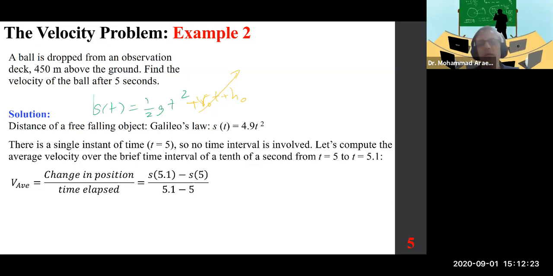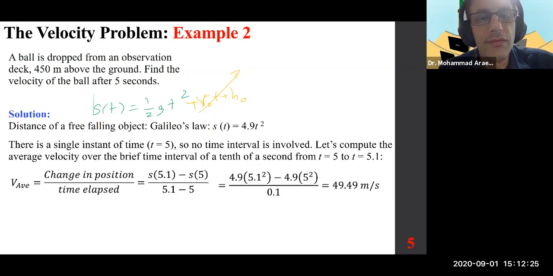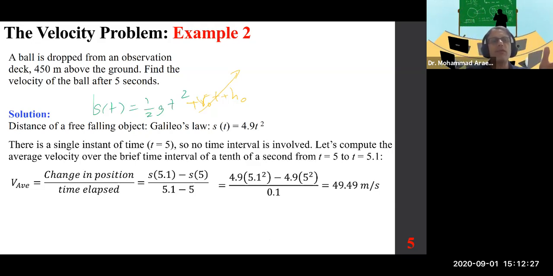And that gives us the V average as we go from 5 seconds to 5.1. Okay, so is this an instantaneous velocity? Is that the velocity at t equals 5? The answer is no. Okay, it's important to know. However, it's close. And so as we get closer, we get a better approximation. And that's the idea behind this.